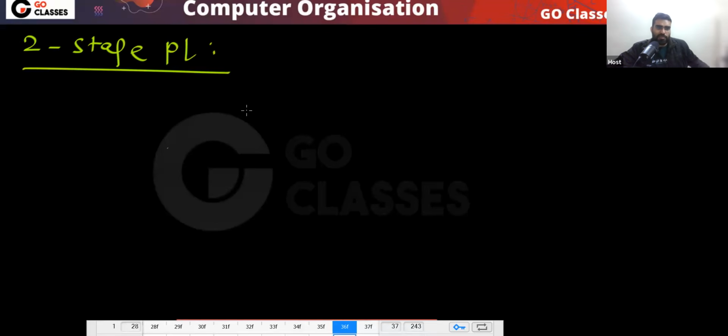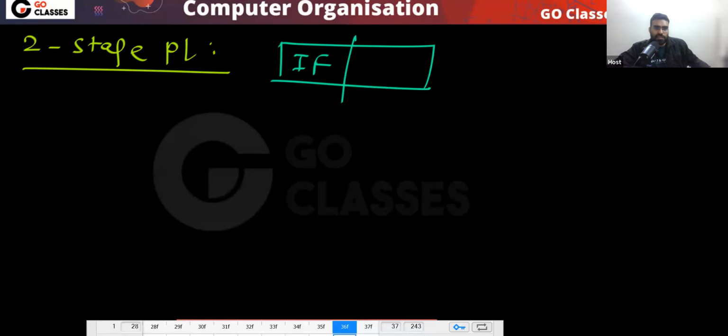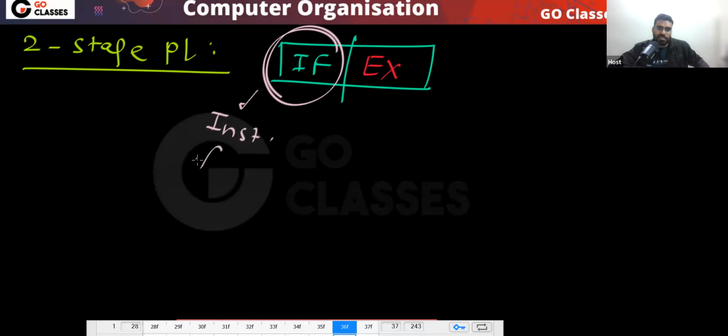In stage one, you do the instruction fetch, and in the second stage you just execute. Basically, everything else you do in this stage.